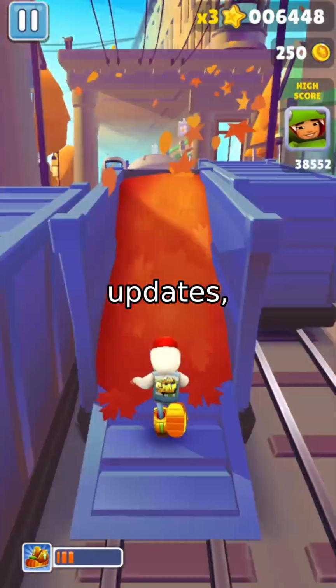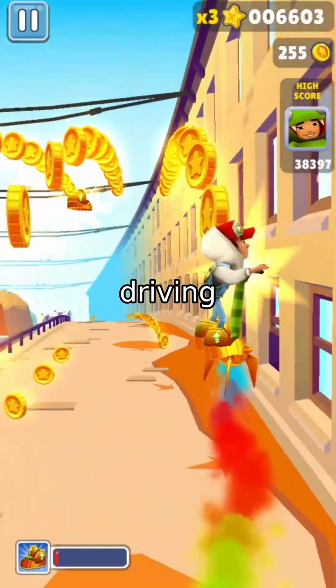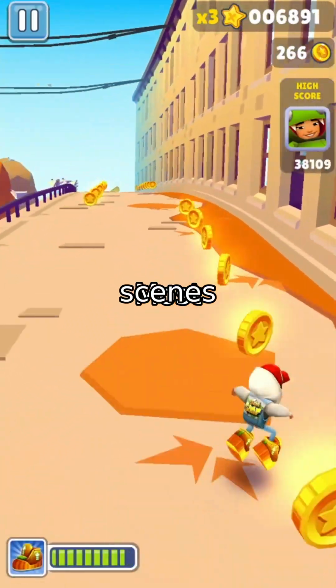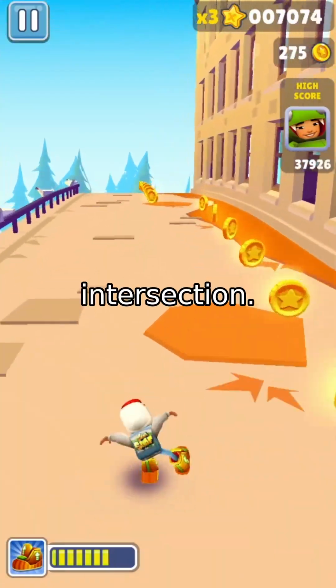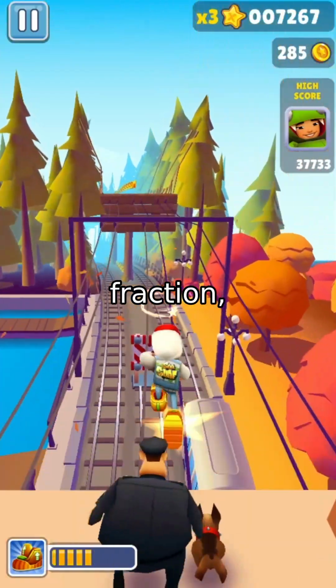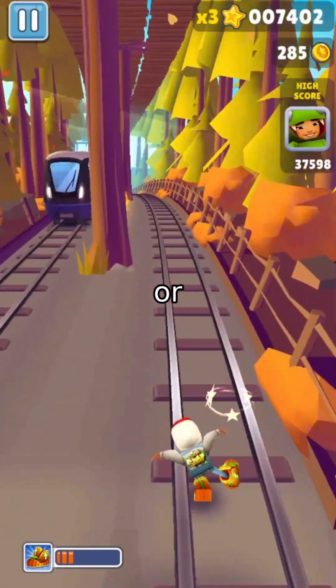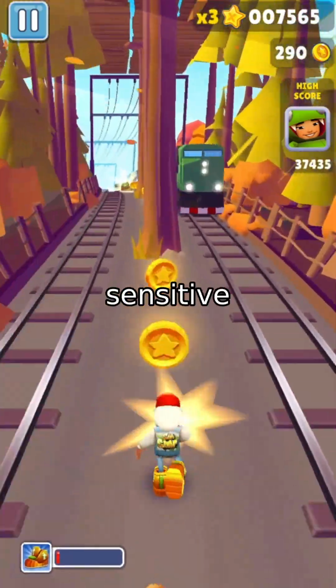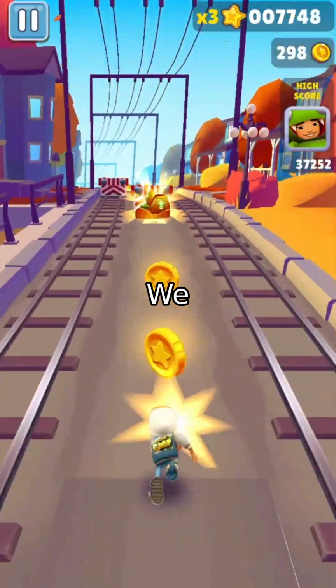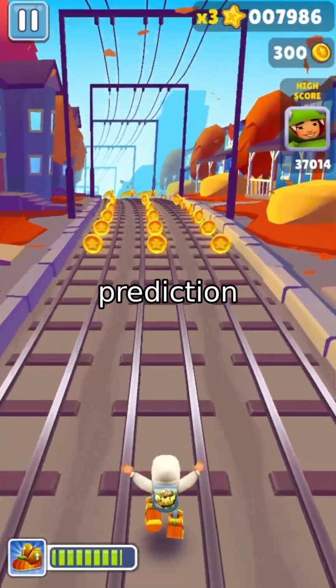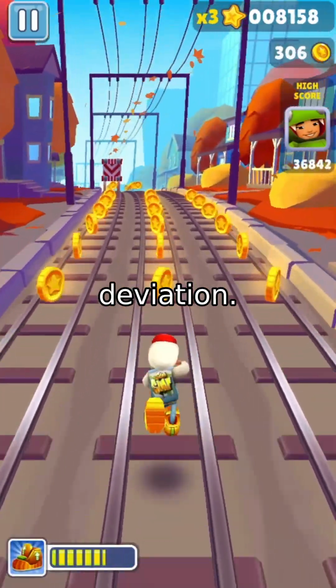Second, hard sample-driven updates, HSD. Autonomous driving data is long-tailed. Most scenes are routine, going straight, turning at a simple intersection. But a small fraction, like complex merging, high-speed interactions, or map-dependent maneuvers, are critical and highly sensitive to distribution shifts. We identify these hard samples by comparing prediction errors to a running mean and standard deviation.